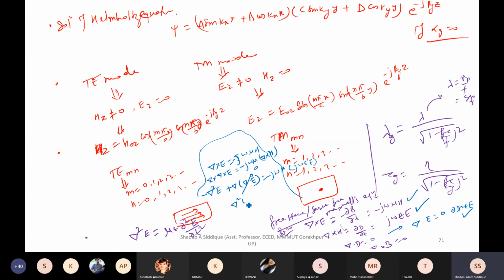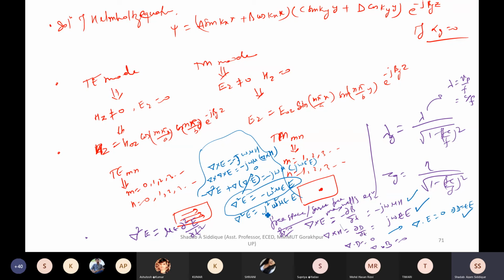So now this is 0. Now in del square E, minus minus will get cancelled, and j times j will give j square. So we'll get minus omega square mu epsilon into E, or can we have del square E equal to j square omega square mu epsilon into E?